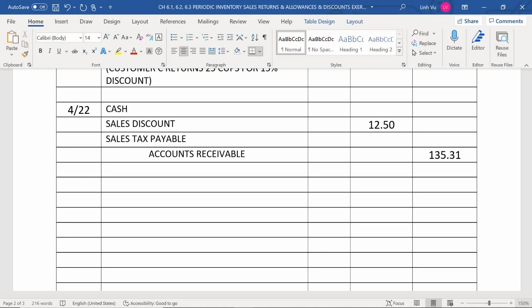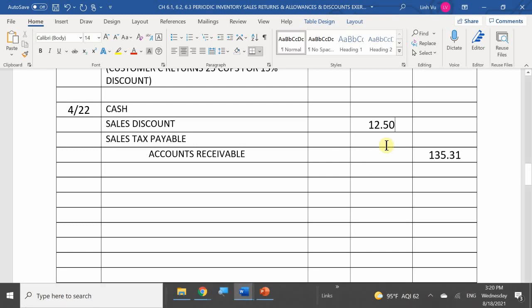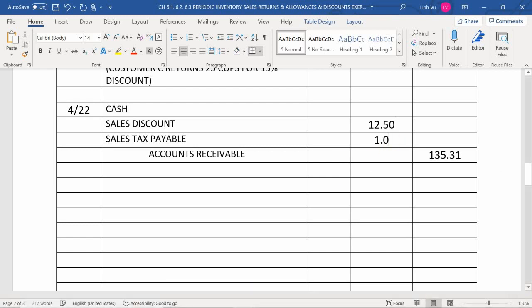From the discount. $1 and 0.31. So in this case, I'm going to be giving back $1.03.